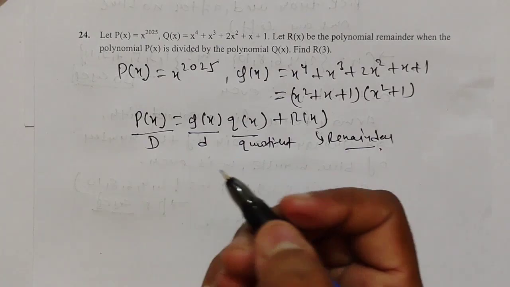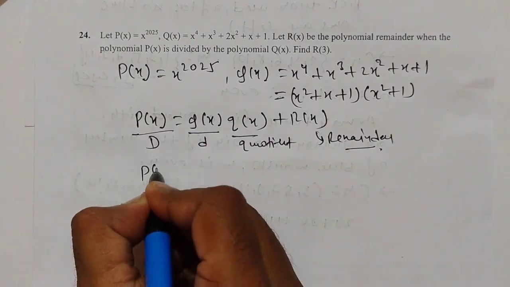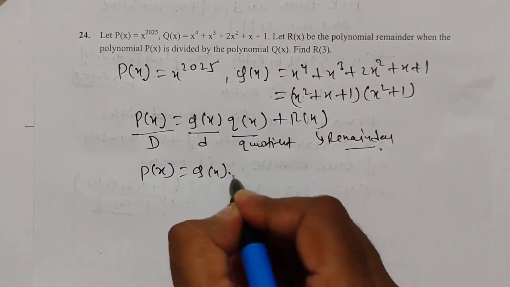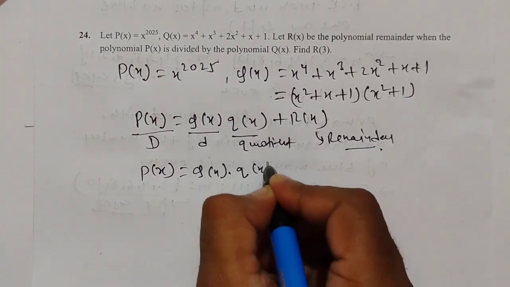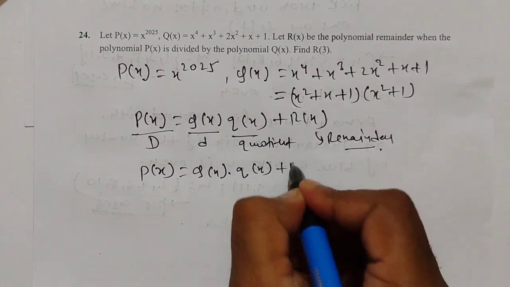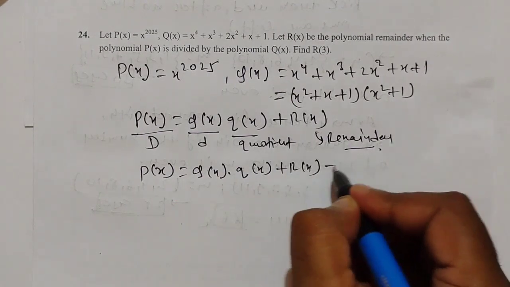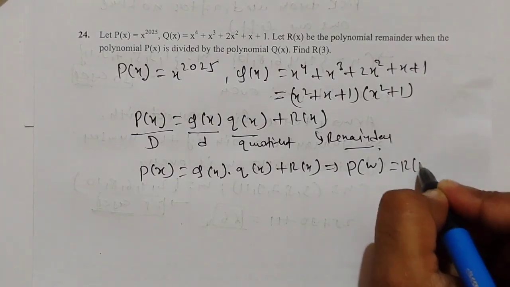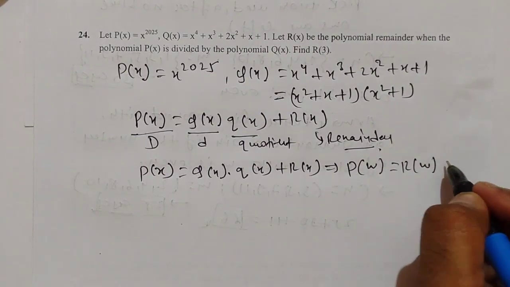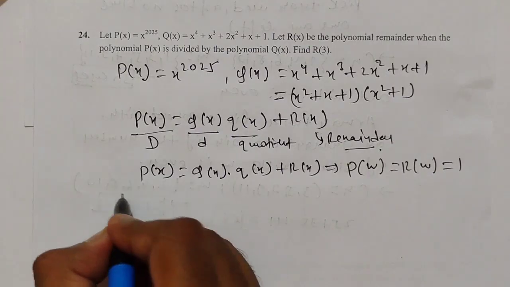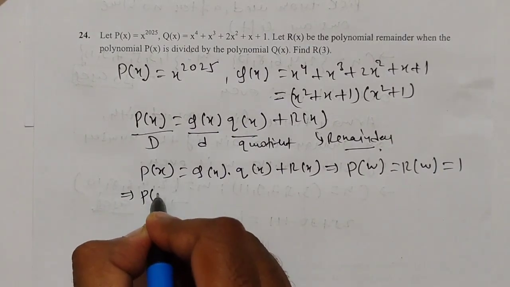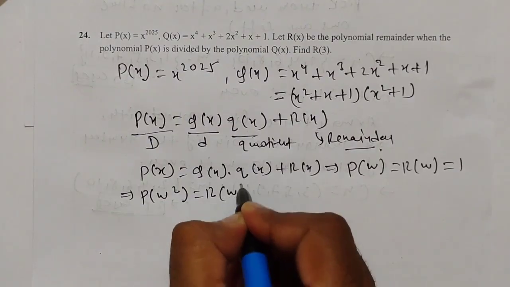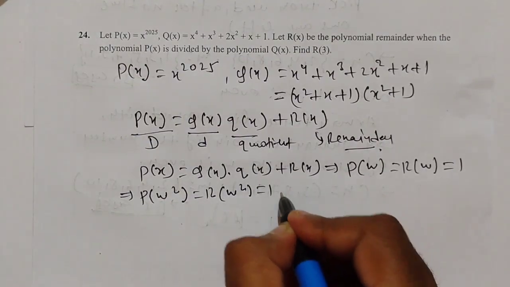So now we have Px is equal to Qx into (x² + x + 1) plus Rx, as P of w is equal to R of w is equal to 1, and now P of w² is equal to R of w² is equal to 1.